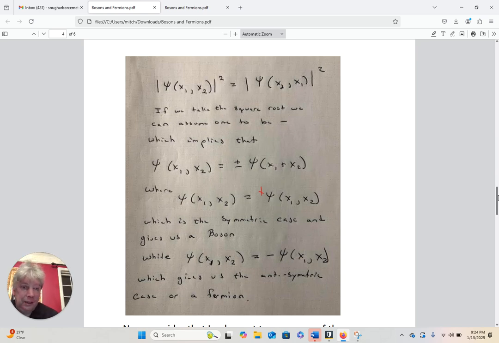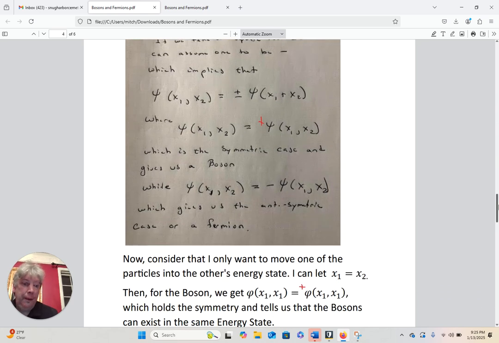While this other one down here, phi of x1, x2 is equal to negative phi of x2, x1, gives us what we call the antisymmetric case, or what we call fermions. Sorry about that little misprint there, but the wave function phi of x1, x2 is equal to the positive phi of x2, x1. We can see it up top there; that was my fault in the writing.